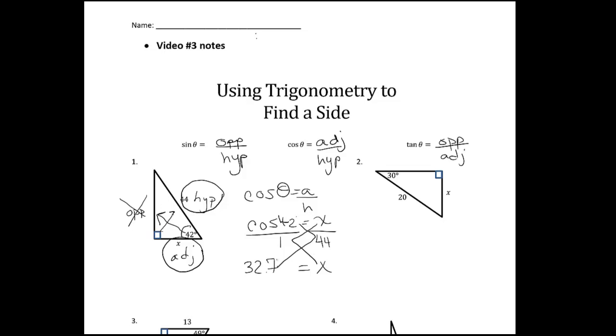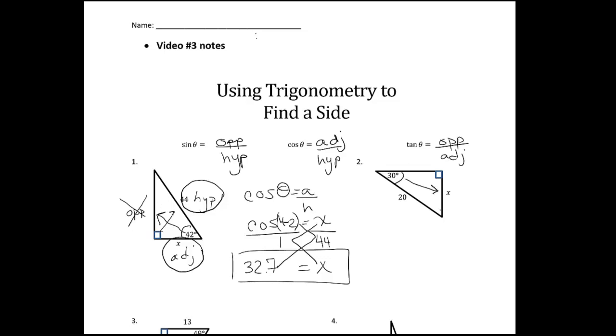Just double check that you're getting that as well. When you put this in a calculator, I actually put cos of 42 and I close parentheses. And then I times it by 44. So double check that.